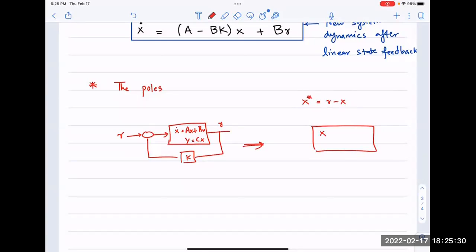Then you will have x star dot is some A star x star plus B star u, and there's no need for R now.